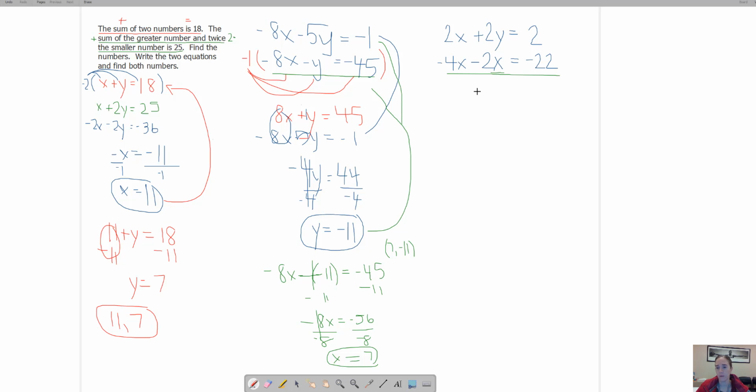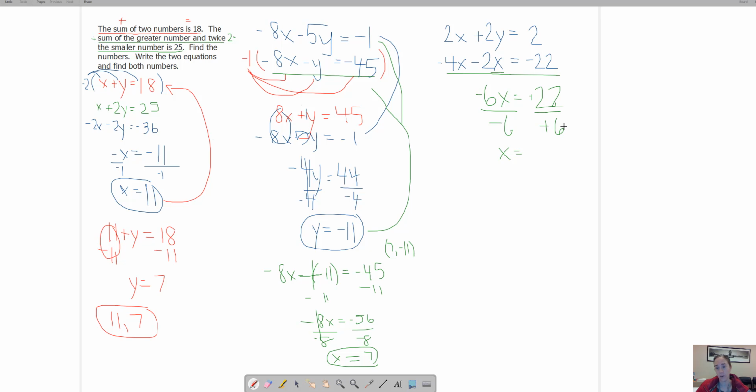So negative 4x minus 2x, we just simplify that to negative 6x, and that equals negative 22. And then we're going to divide by negative 6 on both sides. Okay, so that means that x equals, and we're going to simplify this, so negative over negative makes it a positive.